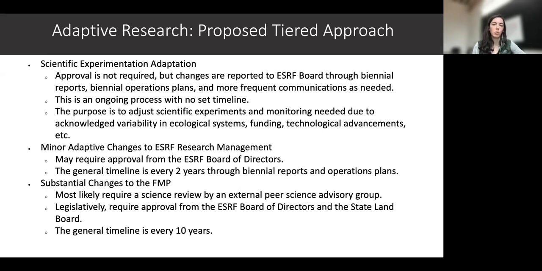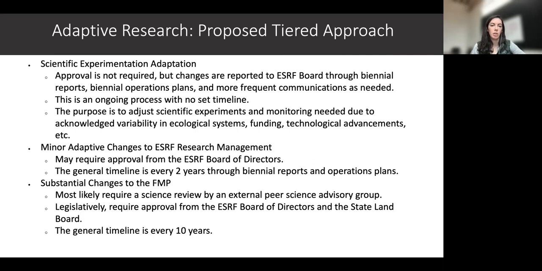And so the proposed approach here is that formal approval for this type of change wouldn't be required and isn't indicated under the forest management plan or the legislation, but changes would be communicated with more frequent communications as needed with the board, and then more formally presented through biennial operations plans and reports. And this is an ongoing process in experimental design, so no set timeline.